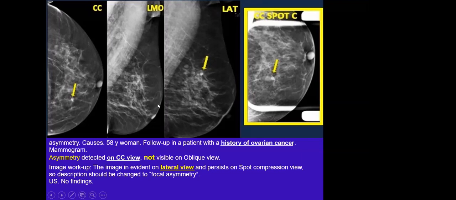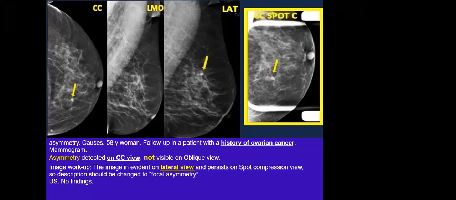Okay, so it is focal asymmetry, but ultrasound shows no findings. So either we move to other imaging or follow up after 6 months or a short interval. I will not accept that.